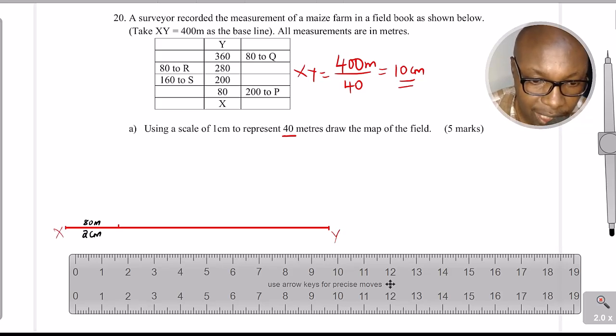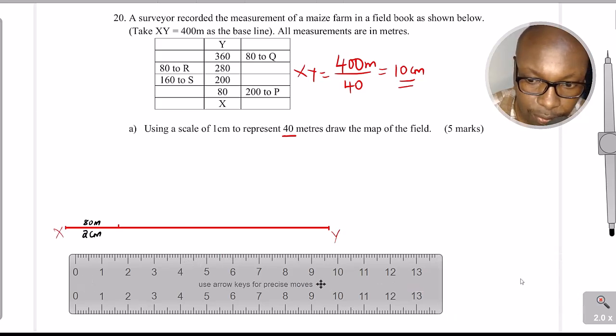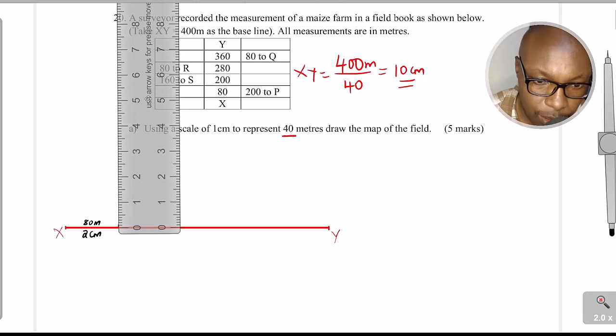The offsets to the right, we said they will come at the top of that line XY. So 200, convert that to centimeters: 200 divided by 40, that will be 5 centimeters. So let me measure 5 centimeters. You should ensure that all those measurements are at 90 degrees.